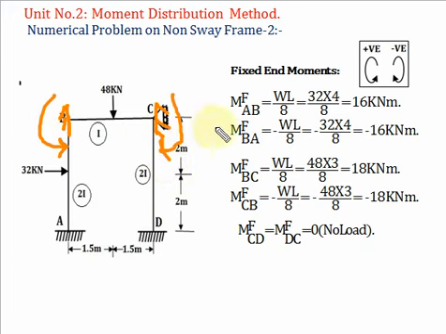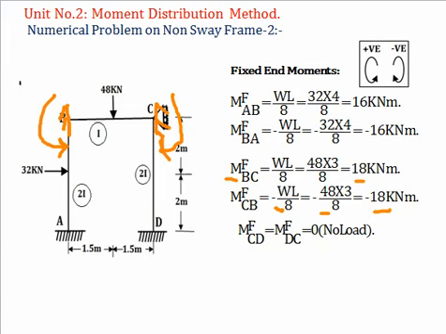So MF BC is equal to WL by 8. W is 48 into 3 divided by 8 is equal to 18 kilonewton meter. MF CB is equal to minus WL by 8, minus 48 into 3 divided by 8, is equal to minus 18 kilonewton meter.